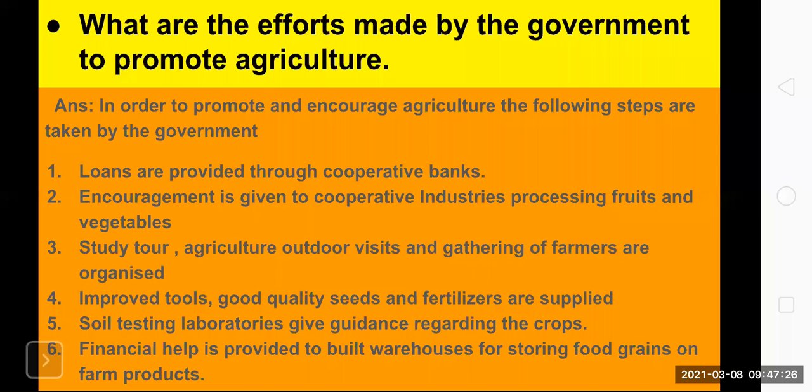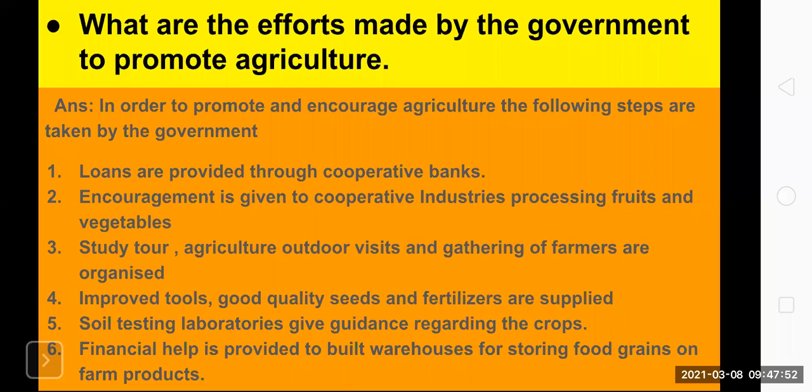Now the question is: what are the efforts made by the government to promote agriculture? In order to promote and encourage agriculture, the following steps are taken by the government. There are many steps, but we have to write 5 to 7.